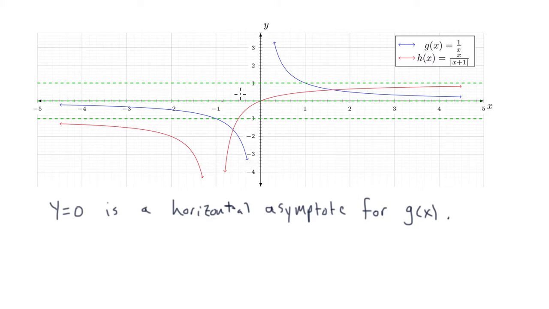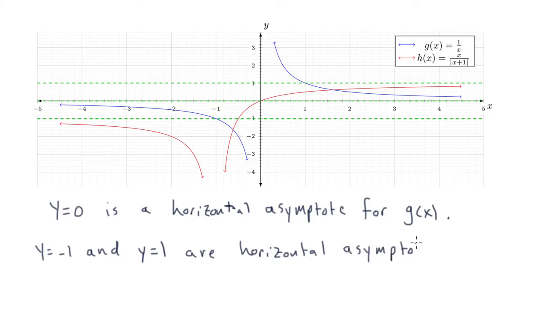Now, the case for h of x is a little bit more interesting because we see that y equals -1 and y equals 1 are horizontal asymptotes. And why is that?